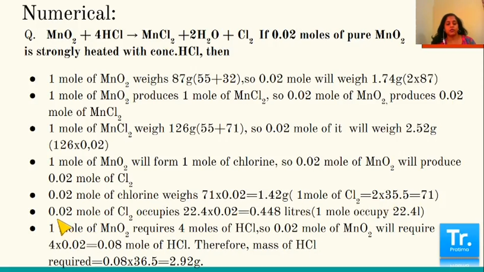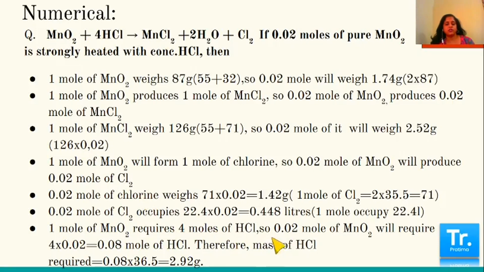Similarly, 0.02 mole of chlorine will occupy how much? Because 1 mole will occupy 22.4 liter, so 0.02 will occupy 0.448 liter. One more fact, 1 mole of MnO2 will require 4 mole of HCl, like I told you, 1 mole, 4 mole.